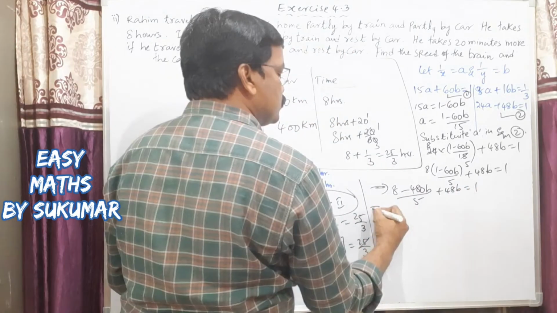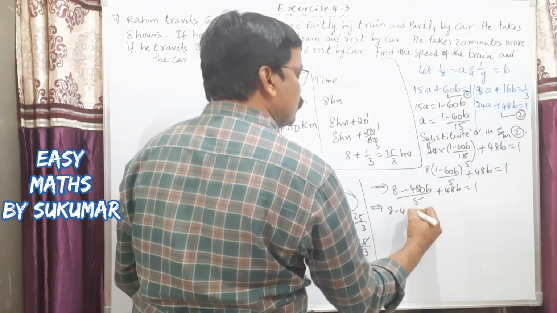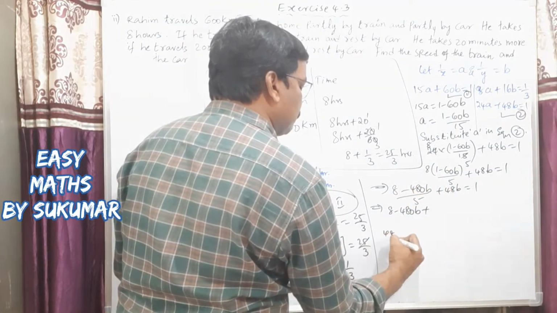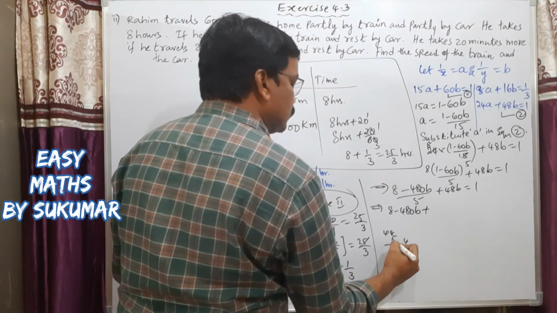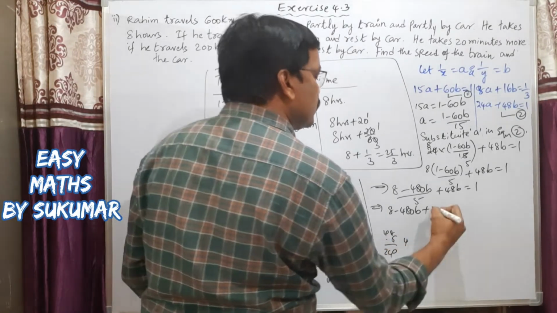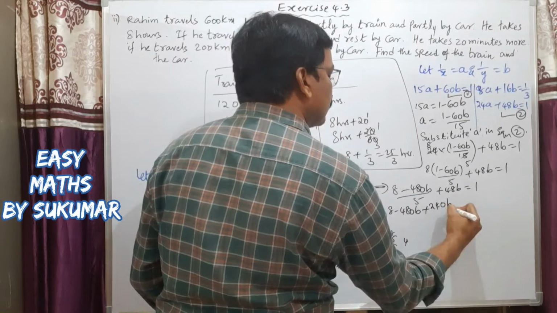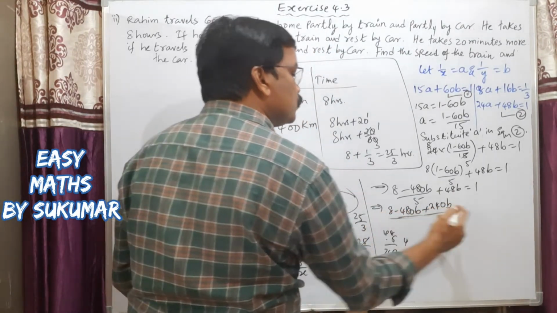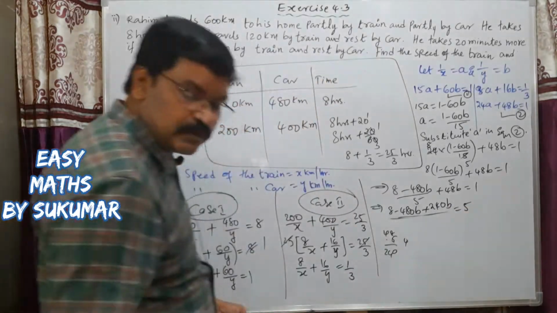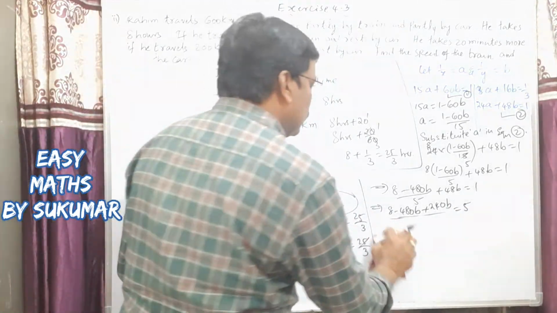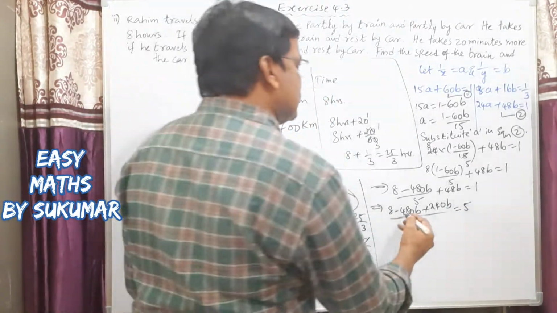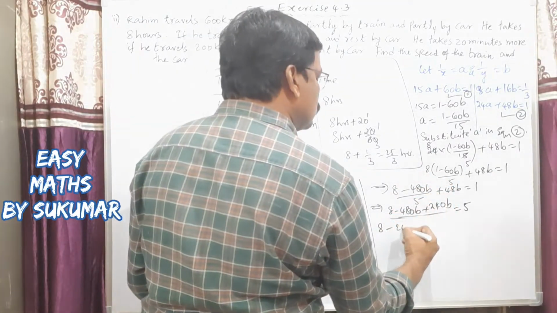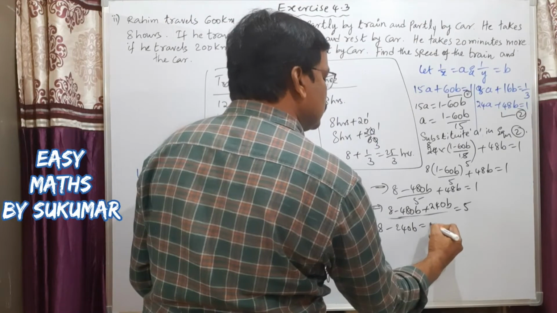Here my dear students, this is 8 minus 480b plus 5 into 48, that is 240b, whole by 5. So let us send this 5 to the other side, that is equal to 5, 1 into 5 is 5. Now 8 minus 480b plus 240b is minus 240b is equal to 5.